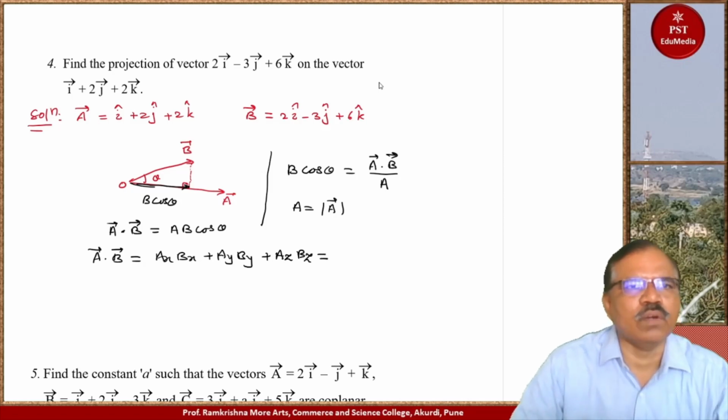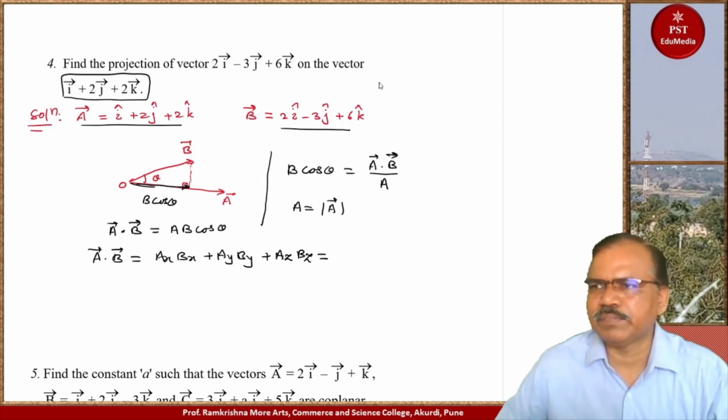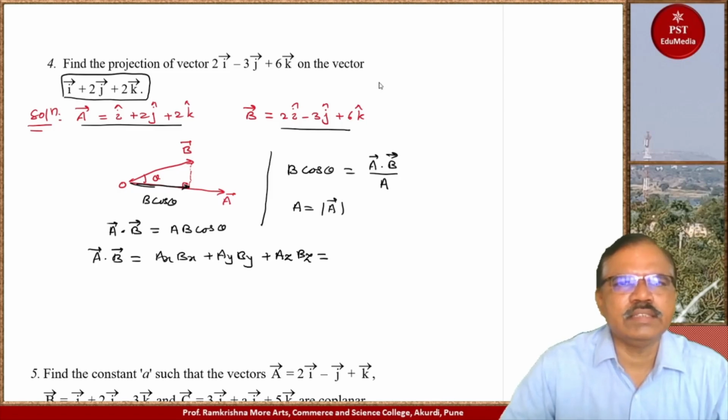So this is equal to, now if we take A as this one and B as this one, AX BX, AX is 1, BX is 2, plus AY is 2, BY is minus 3.